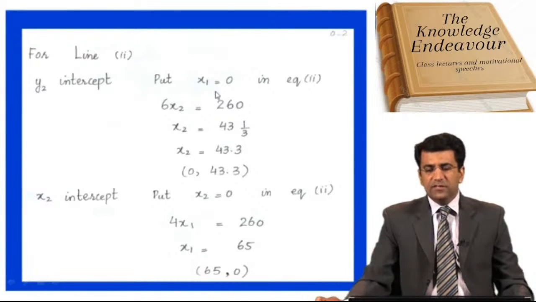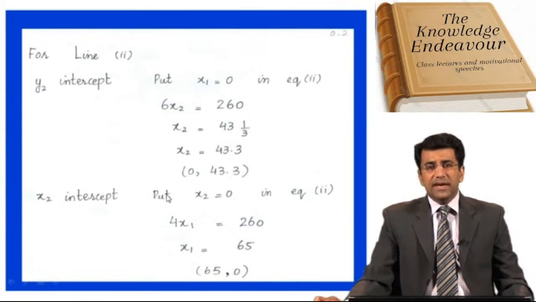If we put x1 equal to 0 in the second equation, we get 6x2 is equal to 260, and the final value of x2 will be 43.3. So for the second constraint we got a point, that is (0, 43.3). Again, the x coordinate is 0 and the y coordinate is 43.3.